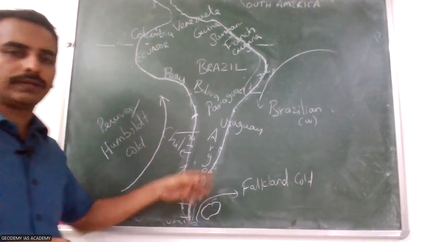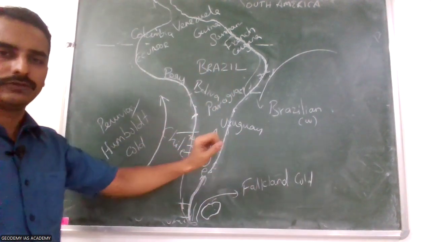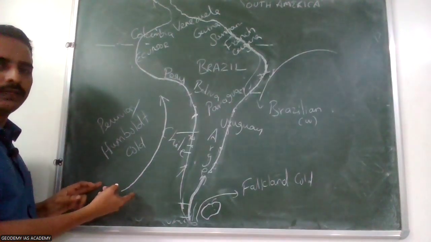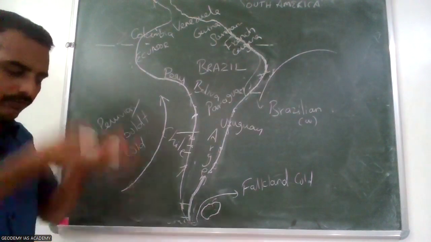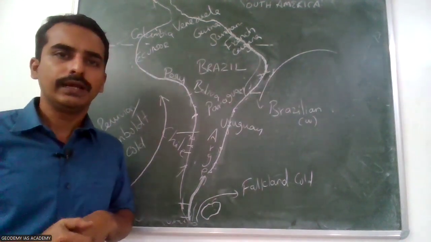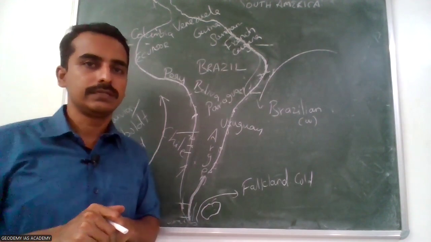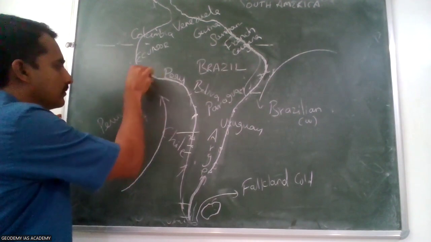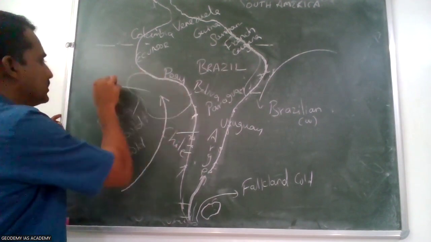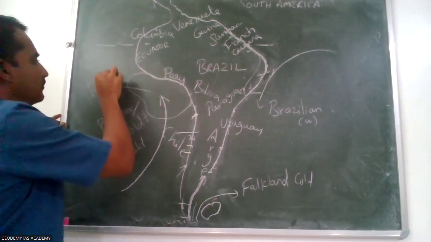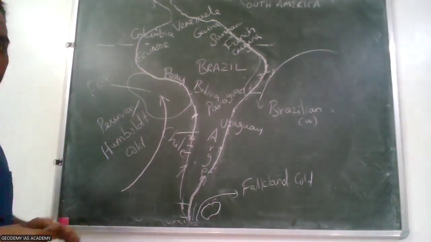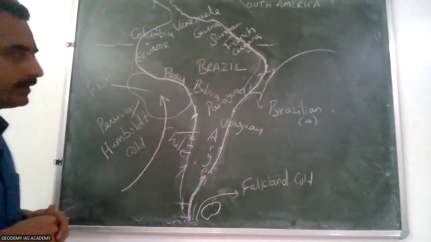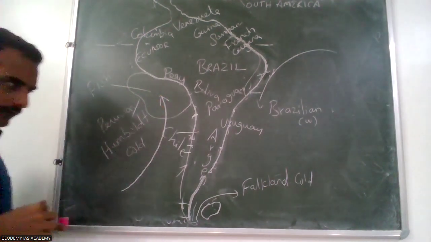So where the cold and warm currents meet, it becomes rich in fish resources. And the other one is the upwelling of cold water that occurs in the Humboldt current region. So the diatoms like oozes are brought to the surface of the ocean, and it becomes high nutrients for the fish here. And the temperature becomes moderate over this region. So this Peruvian coastal region becomes rich in fish resources. It is one of the major fishing grounds in the world, okay, Peruvian coast, due to the upwelling of cold water in this spot. Okay, so these you should know.